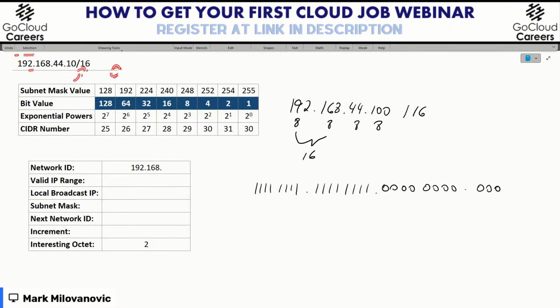And then the rest is going to be host bits. And this is my division. This is the 192, this is the 168, and that's how I know that this portion does not change. And this is also in the second octet. Okay? Everybody follow so far?